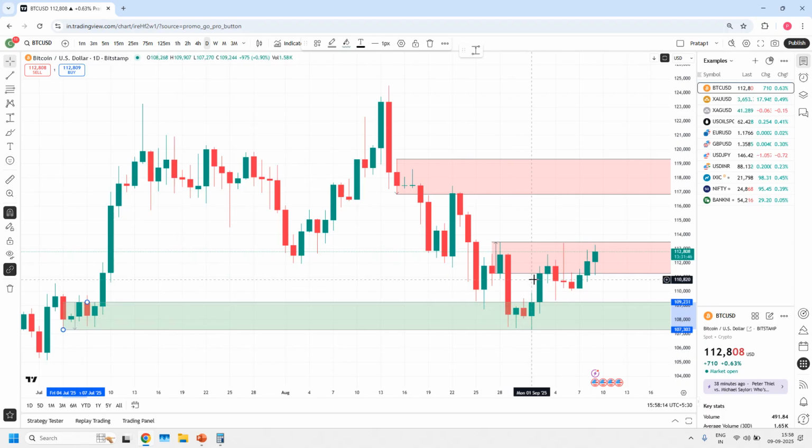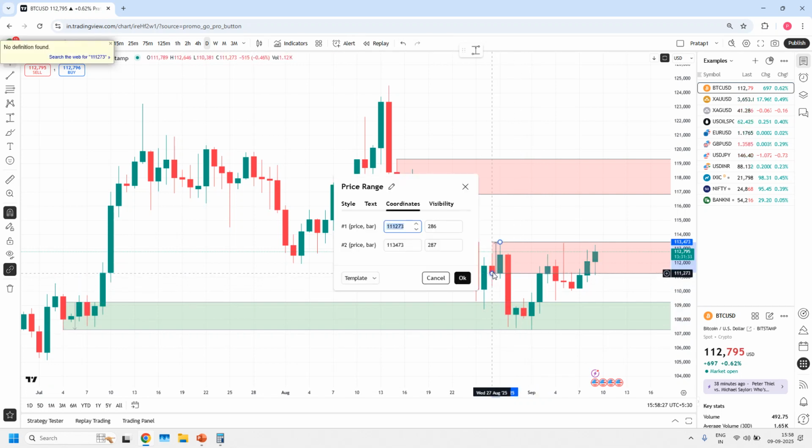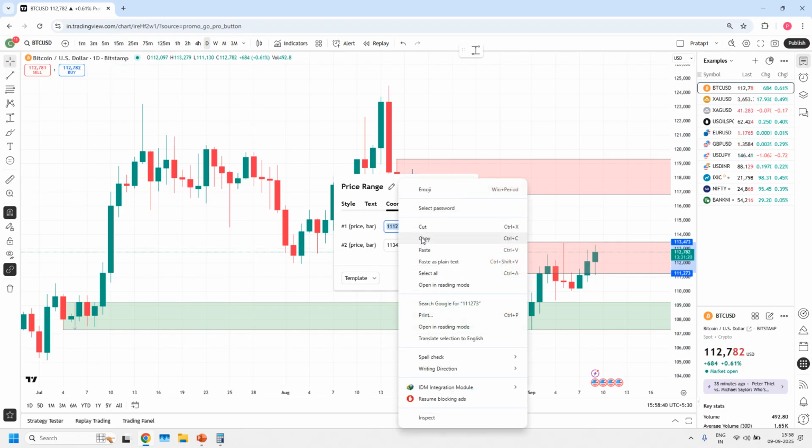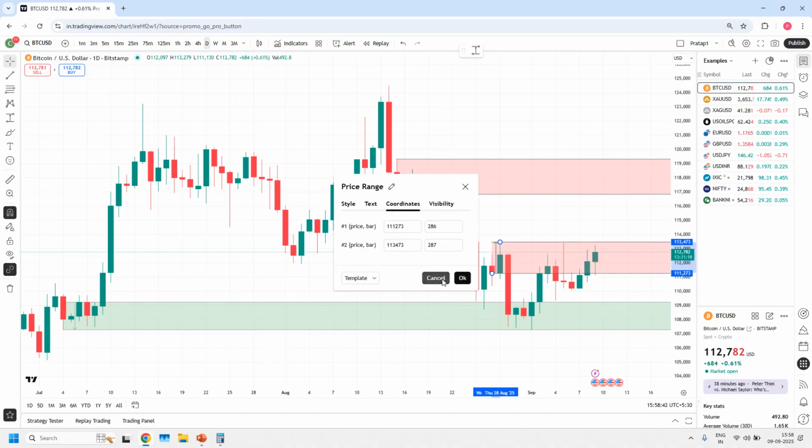Because of that, RR is changed. You can't do anything because you already took the trade. Whether RR is there or not, you have to exit if it reaches this new supply zone. Okay, what is the new supply zone value here? The new supply zone value is 111273. This is our target.